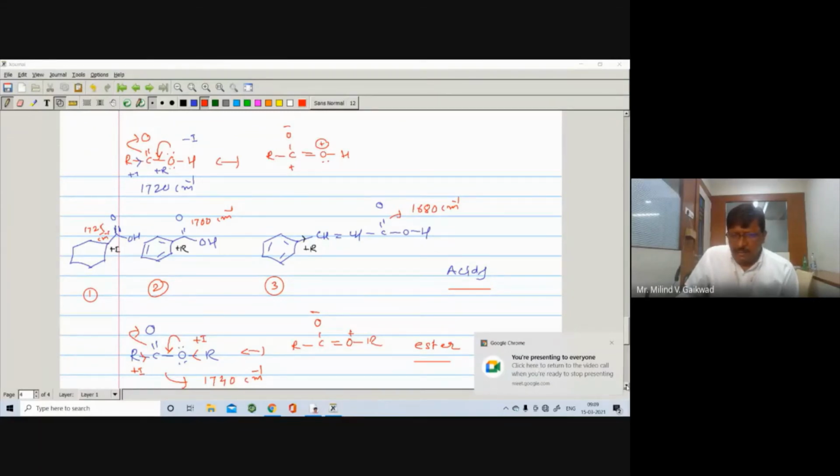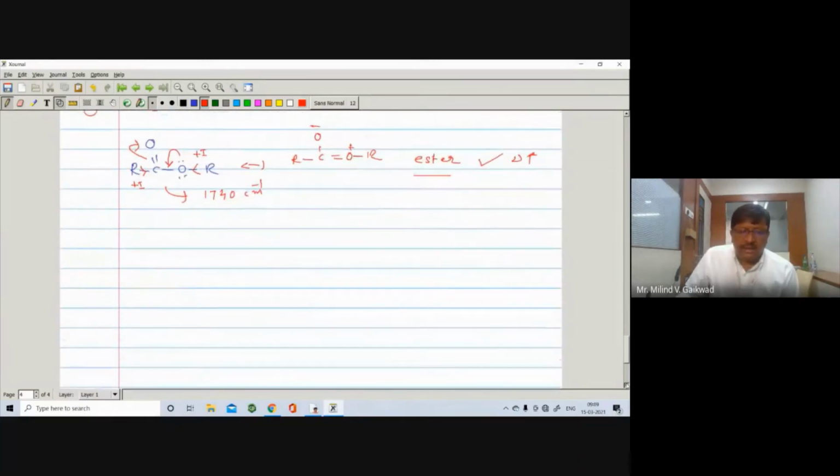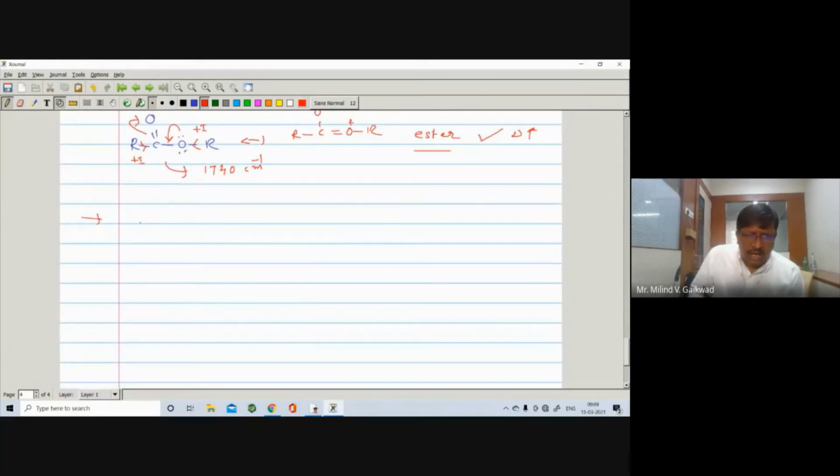If you take another example, that is acid halide. Acid halides are RC double bond O and here we can take a halogen, for example chlorine. So here we see that the CO will appear at 1790 centimeter inverse. At the same time, when there is a fluorine, it appears at 1850 centimeter inverse.